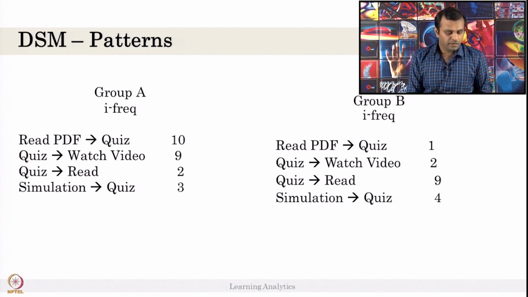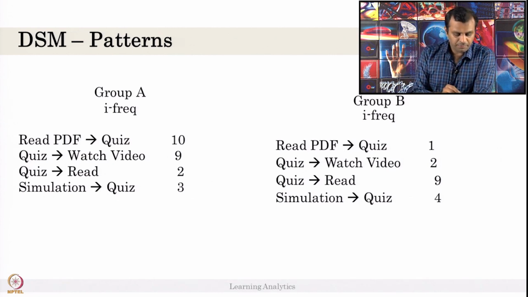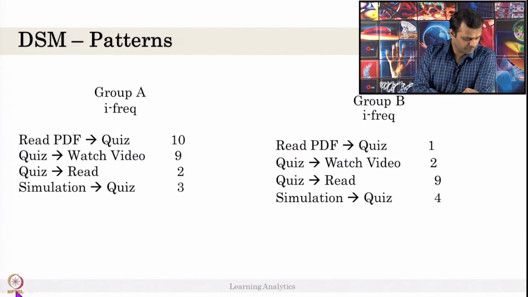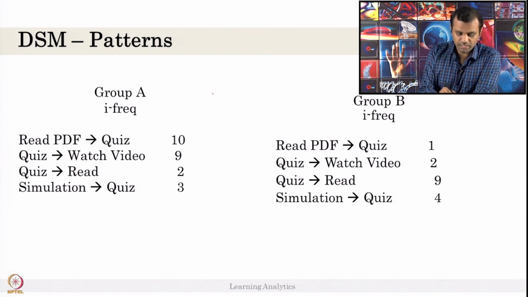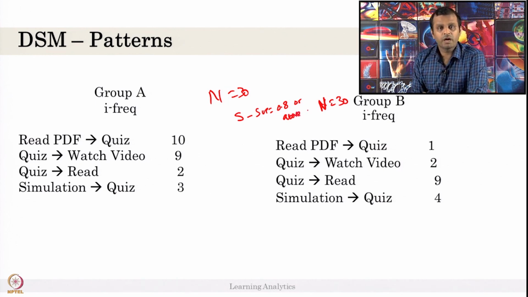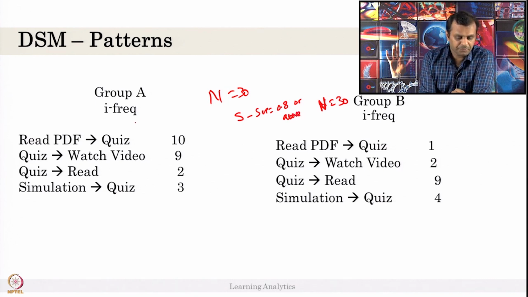N is not important here; consider N to be equivalent, say 30 in both, and the support S is 0.8 or above. Your high frequency can be a median, let us say it is a median, not a mean score.